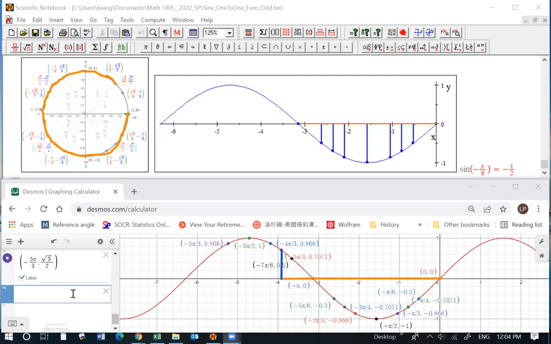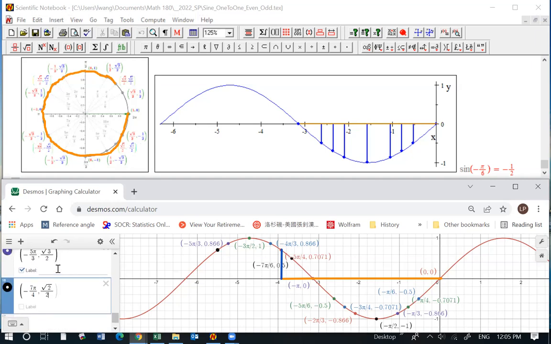Okay, so -7π/4, comma, √2/2. Okay, label it. You see that dot, the black dot, which corresponds to the color. Okay, 2 more. There we go.